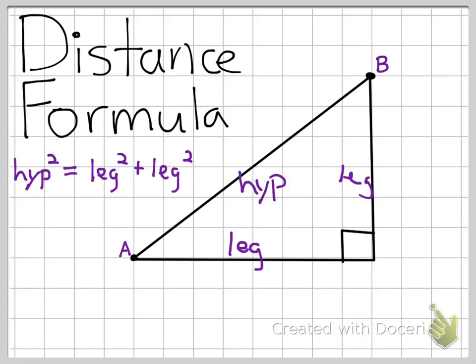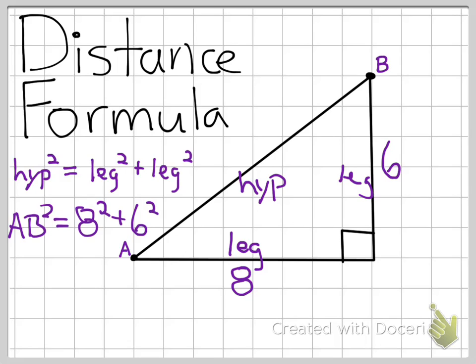If I count that bottom leg, that leg that goes from A, it takes up 8 boxes. The vertical leg, the one that drops down from B, takes up 6 boxes. So we could come over and we could say that AB squared is equal to 8 squared plus 6 squared.